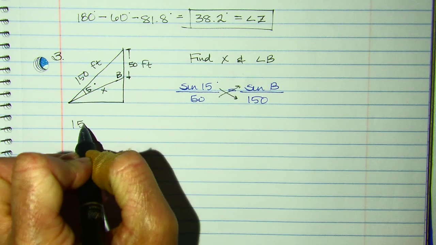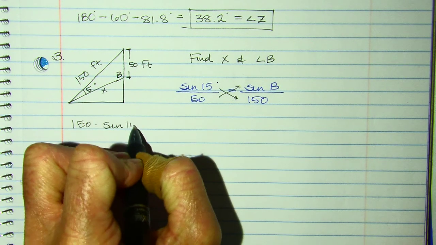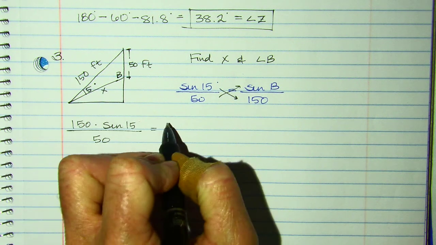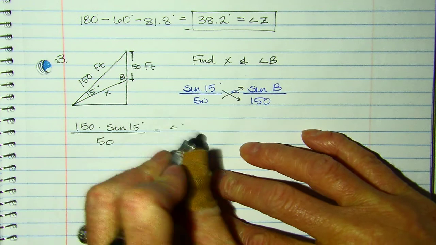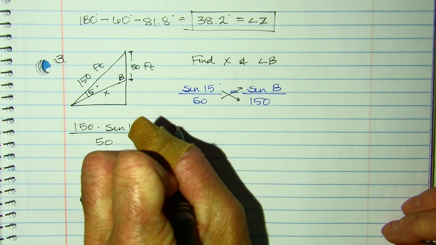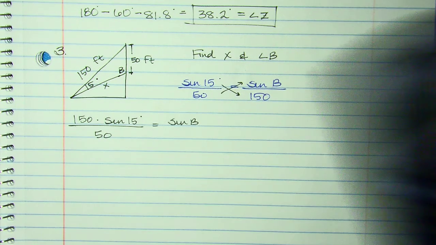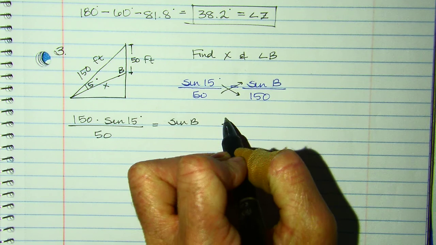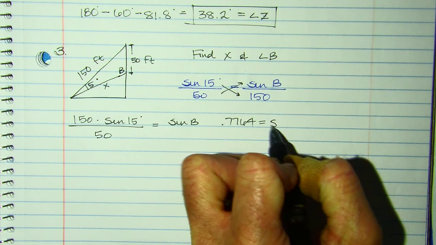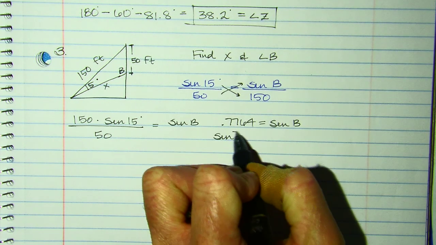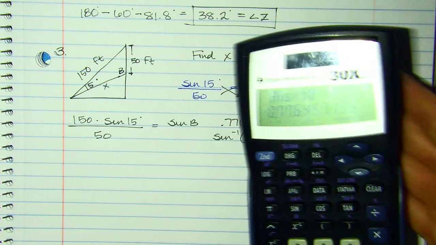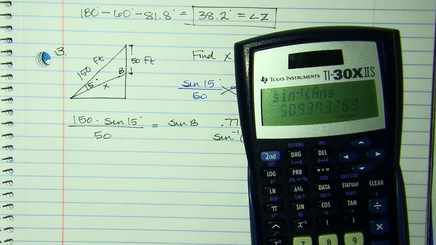So 150 times the sine of 15 degrees, and I will end up dividing that by 50, and that will give me the sine of B. I get 0.7764 equals the sine of B, so we do sine inverse of 0.7764 to give us the measure of angle B.